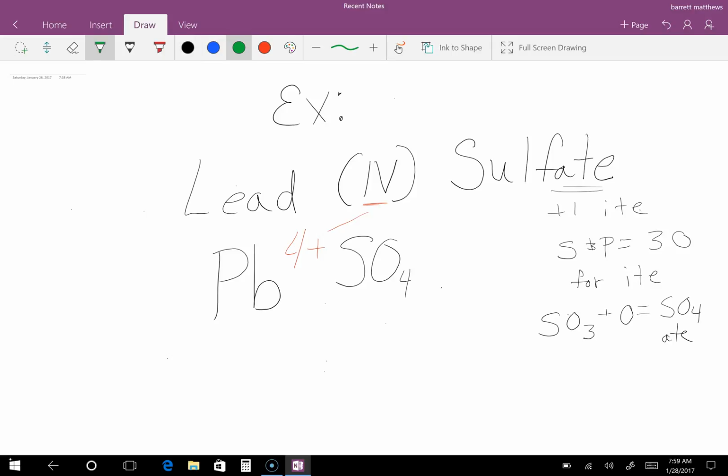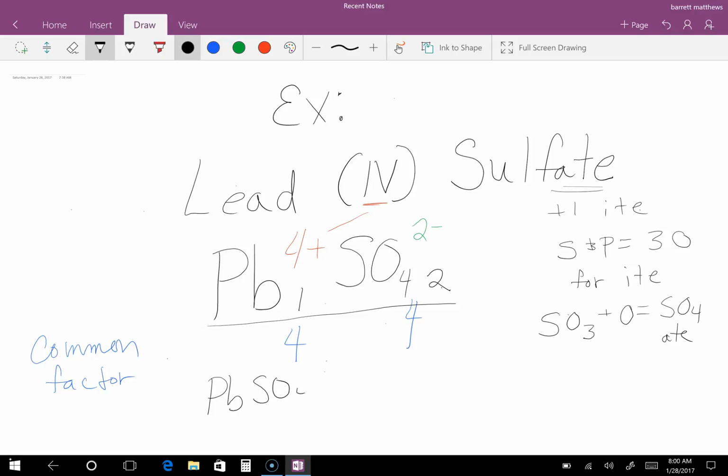I remember from before, it was one of the few that were -2. Here are my charges. I see that 4 is my common factor. What do I need the subscripts to be to make 4? 1 and 2. So as I write it out here, what I'm saying is 1 sulfur and 42 oxygens, which is not what I want to say.